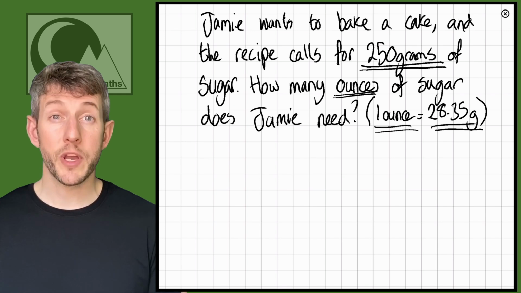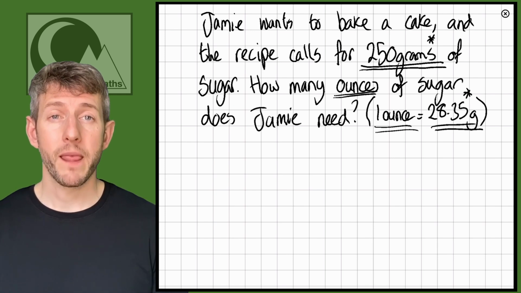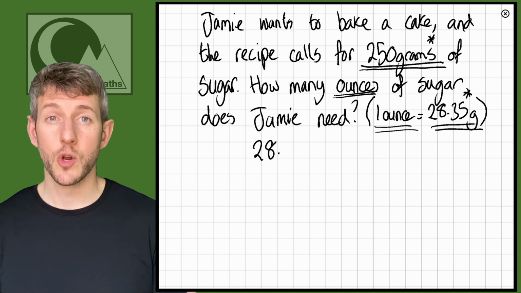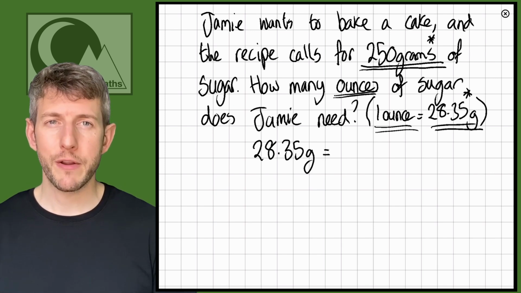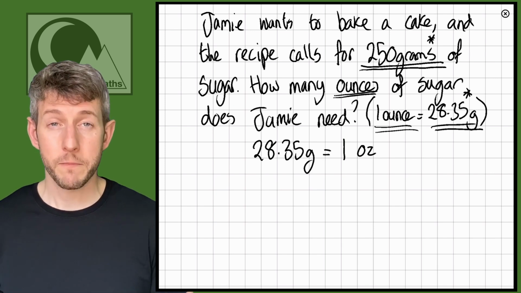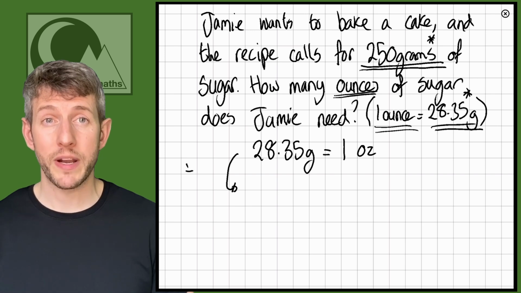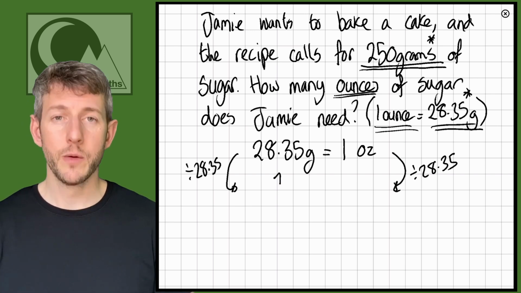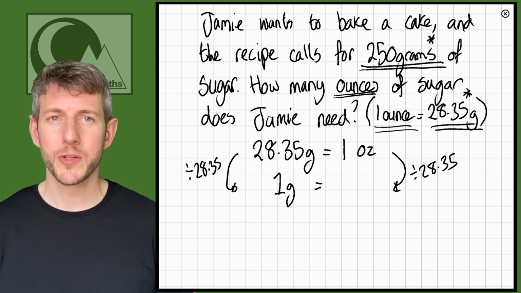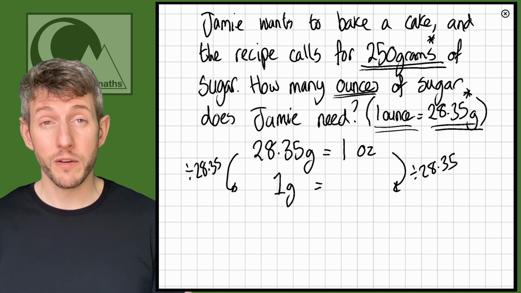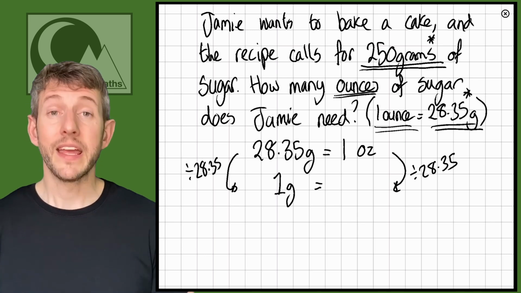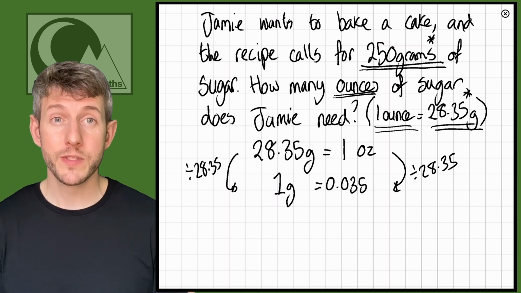It looks like we're going to be going from grams to grams, so I'm going to write this conversion out with the grams on the left. We know 28.35 grams equals 1 ounce. I'm going to divide both sides by 28.35 to find out what 1 gram is worth. So 28.35 divided by 28.35 gives us 1, and 1 divided by 28.35 equals 0.03527.